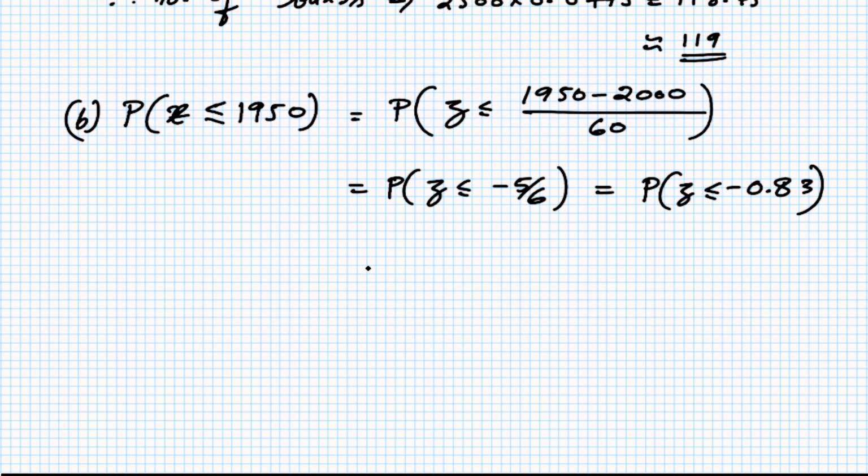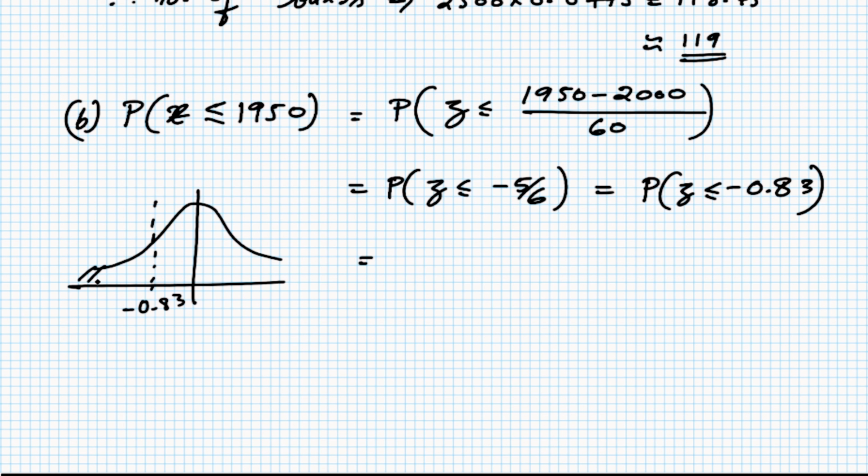Okay, so now you see it's the other way around. So I have the graph like this. Say somewhere here I have minus of 0.83. It should be lesser than this, means I should consider the left side. So that means all the way from minus infinity till that value. I don't get that from the table. I get only the value from 0 to 0.83. So you will subtract from 0.5.